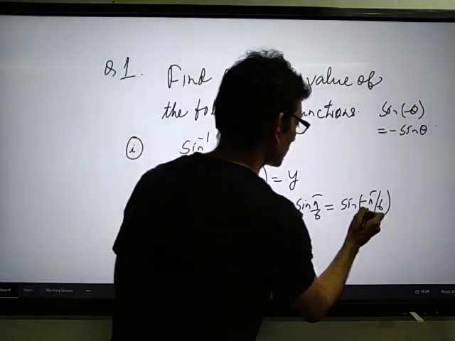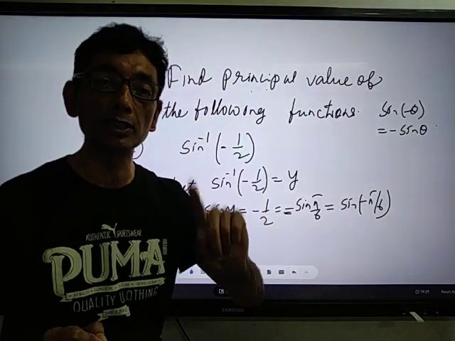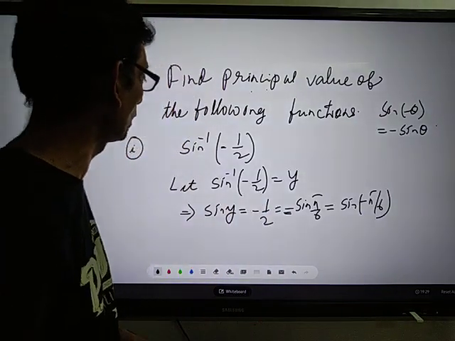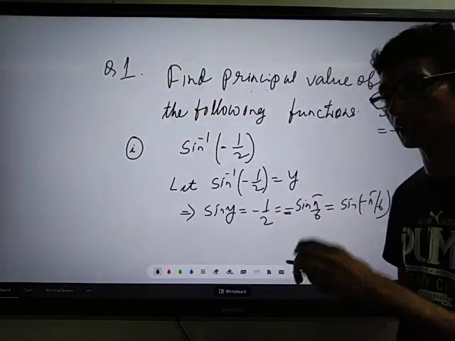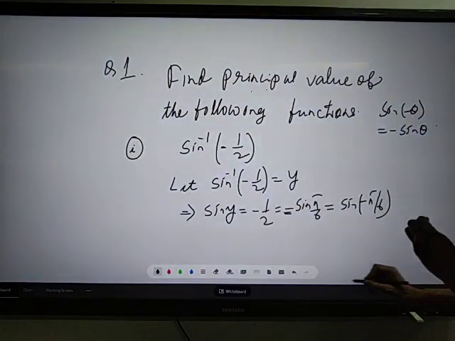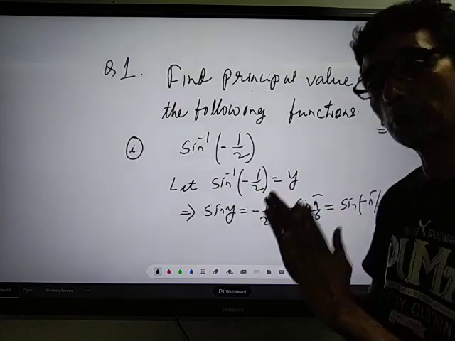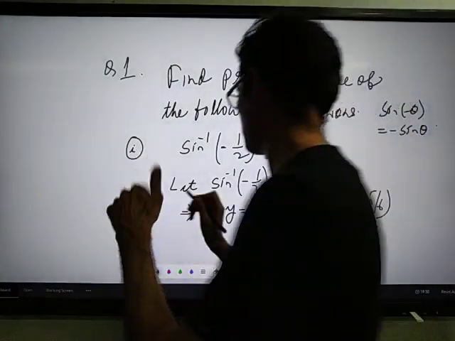Now, most important, whether this minus pi by 6 lies in the range of principal value branch. What is the range of principal value branch for sine inverse? We have just now shown that the range of principal value branch for sine inverse x is minus pi by 2 to plus pi by 2. So definitely minus pi by 6 lies between minus pi by 2 to plus pi by 2.